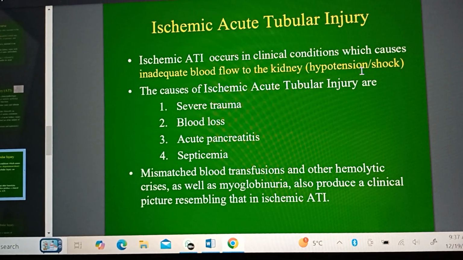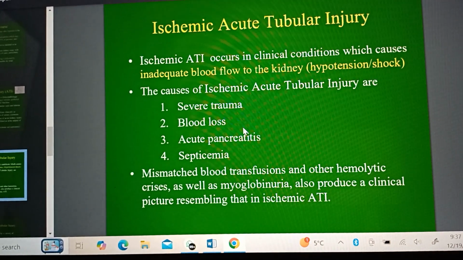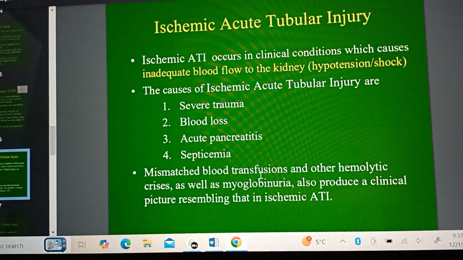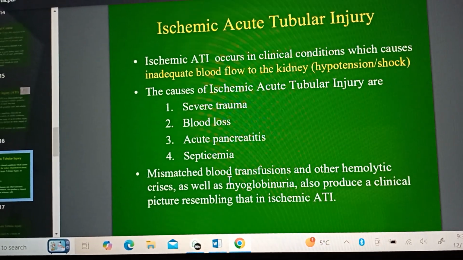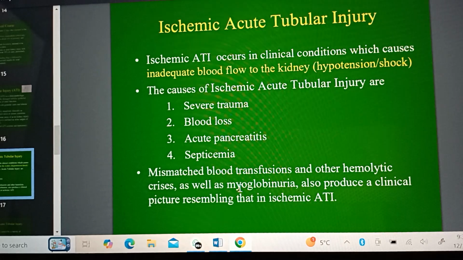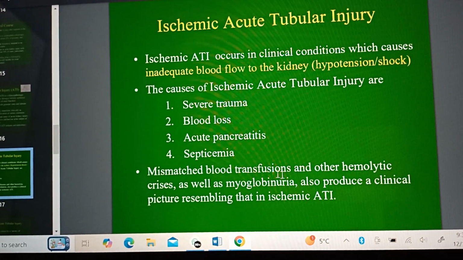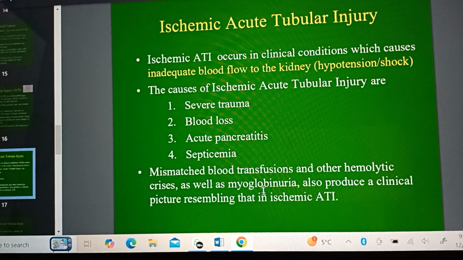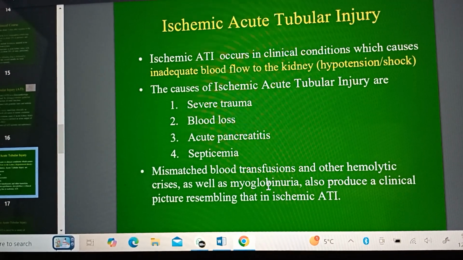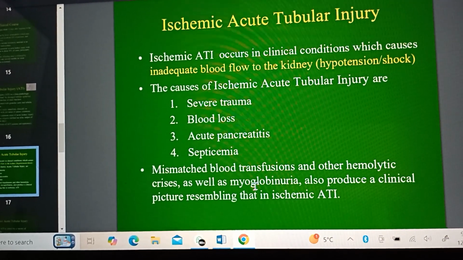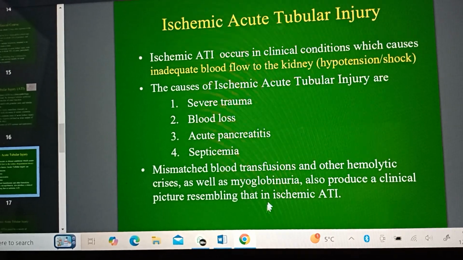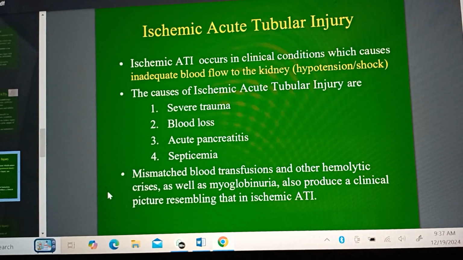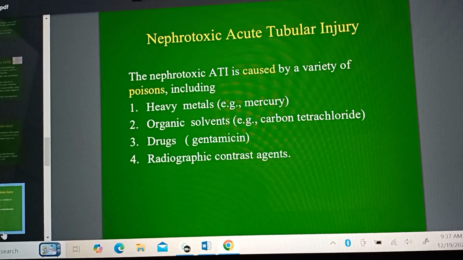It can happen in severe trauma, blood loss, acute pancreatitis, septicemia, or mismatched blood transfusion. When you give a mismatched blood transfusion, these patients can have a hemolytic crisis. You will see the myoglobin which is present in the muscle also start passing in the urine. So you can know that this patient may be having ischemic tubular injury, right? This is about ischemic tubular injury.